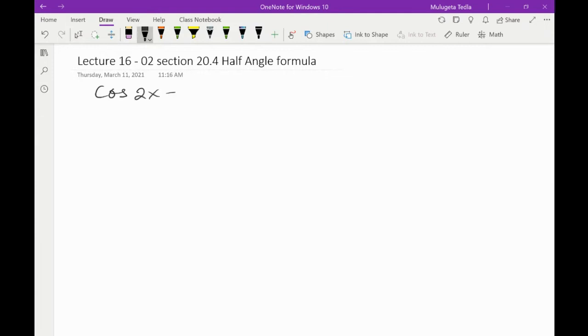Cosine of 2x is what? Cosine of 2x is cos squared of x minus sine squared of x. This is the main source of the half angle formula. This is from the previous section, section 20.3.